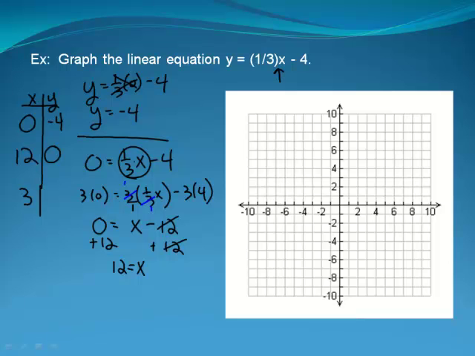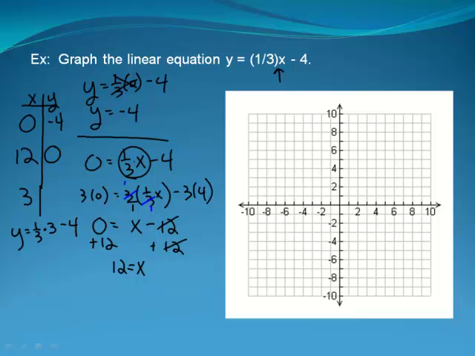Now that might be a little problematic on my axis, because notice that I have a Cartesian coordinate system that just goes from negative 10 to positive 10 in both directions. But that's okay, we can estimate. All right, so now I'm going to let x be equal to 3. So I've got y equals 1/3 times 3 minus 4.